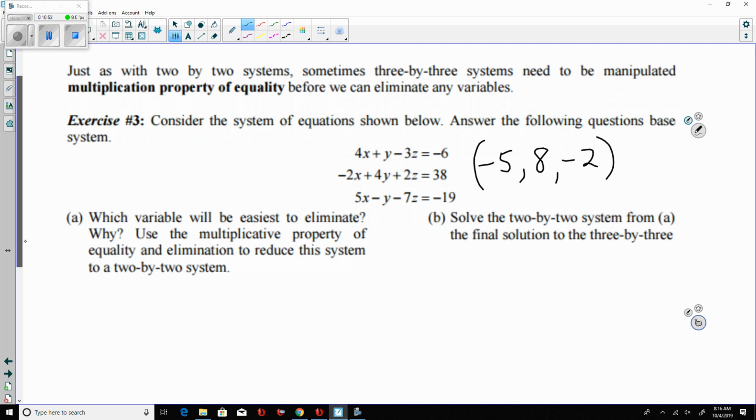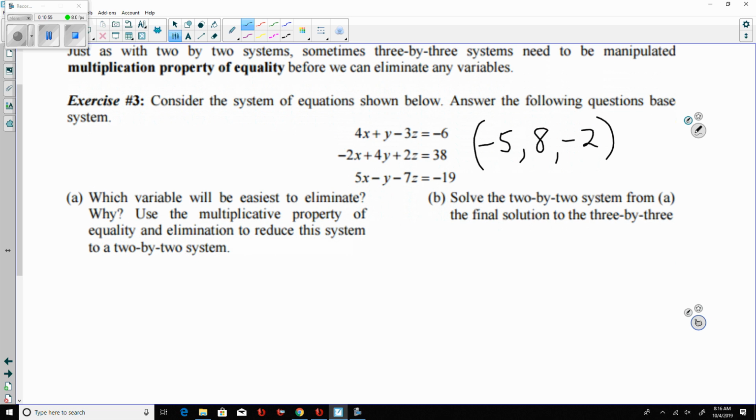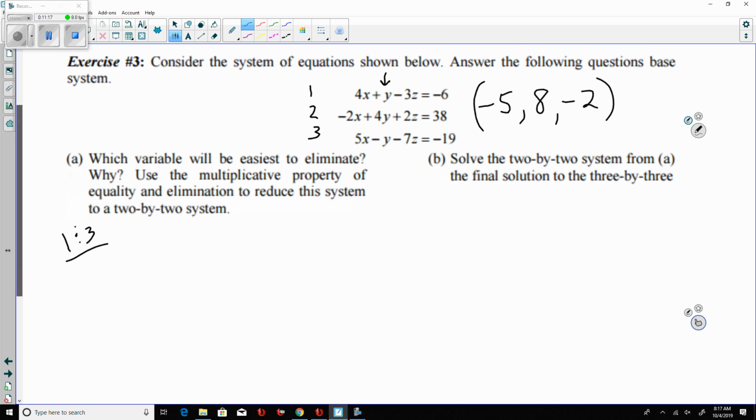When I look at this, I am looking at probably the y's. Because again, I look at the leading coefficient and I see two of the y's have 1's in front of them, and I see that one's positive, one's negative. So right away, first I'm going to use 1 and 3, because I see the y's are going to be gone right off the bat. So 1 is 4x plus y minus 3z equals negative 6.